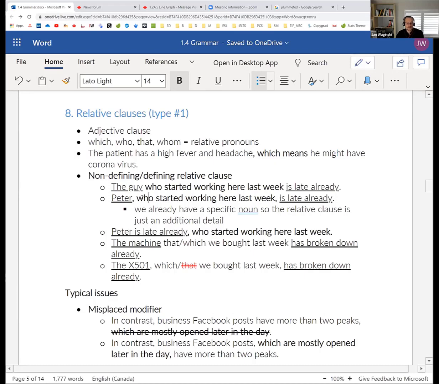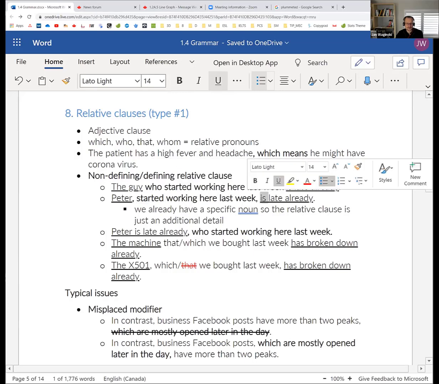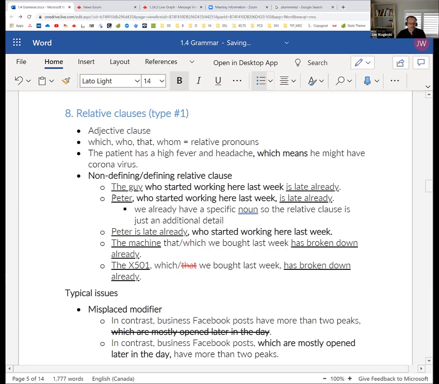So I can't do something like Peter started working here last week, is late already, because then this noun is the subject of this and is the subject of this. So we can't have that situation. So we've got Peter is the subject of the verb is, that's your independent clause, and then in the relative clause, who started working here last week, started is your verb, and its subject is who.